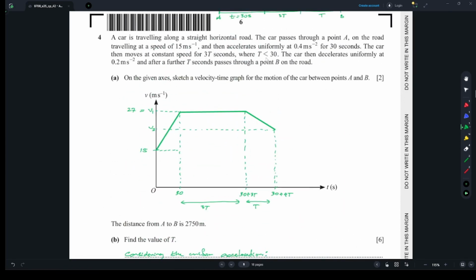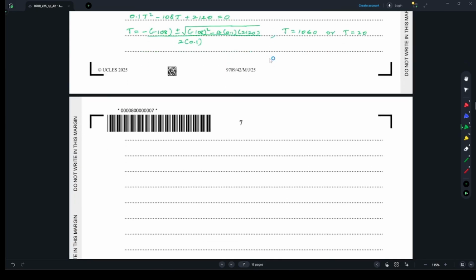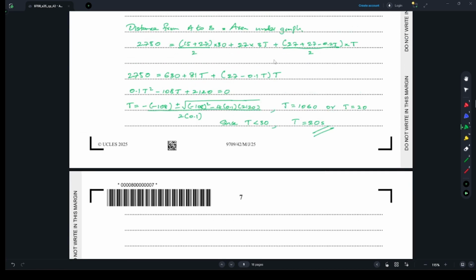Here they told us that t is less than 30, right? So we can say, since t is less than 30, the answer for t is 20 seconds. Okay, so done.